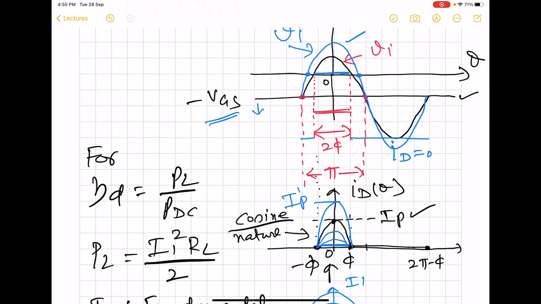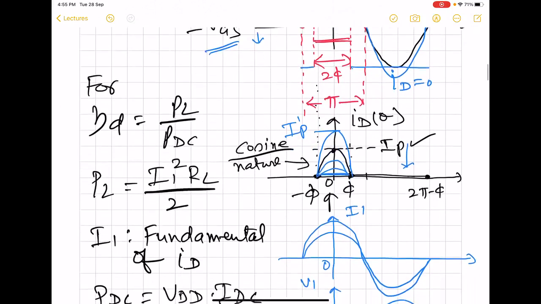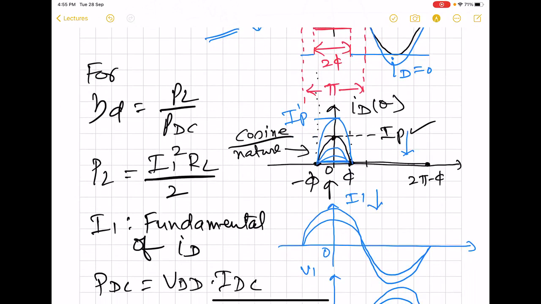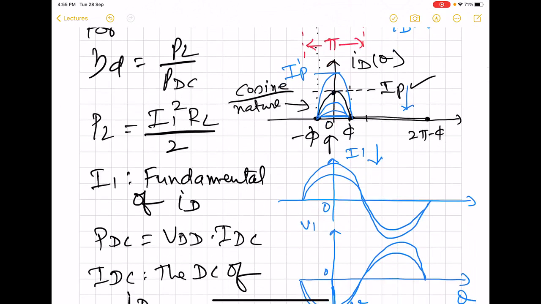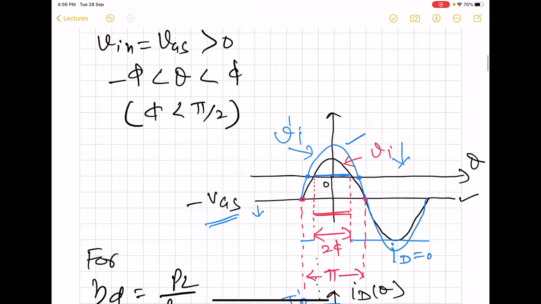So as Vi is brought down, the IP also comes down. So if you bring down IP, I1 is also going to come down. That means power delivered to the load will also keep on reducing. Sorry, here we are not reducing Vi, rather we are reducing this phi.